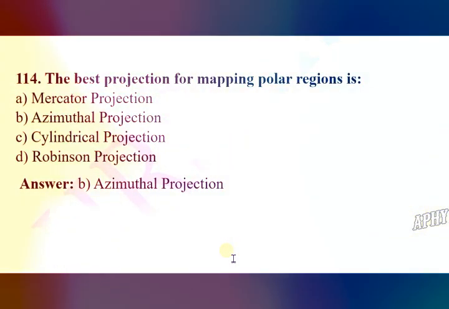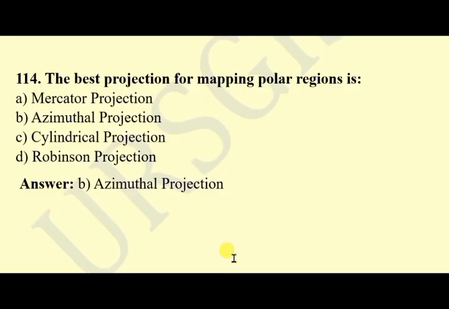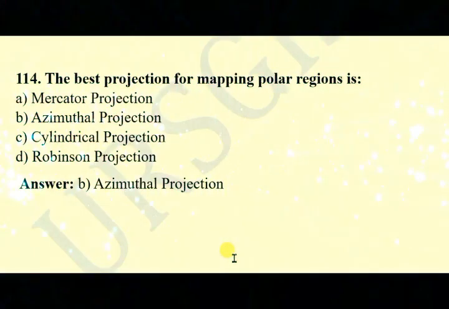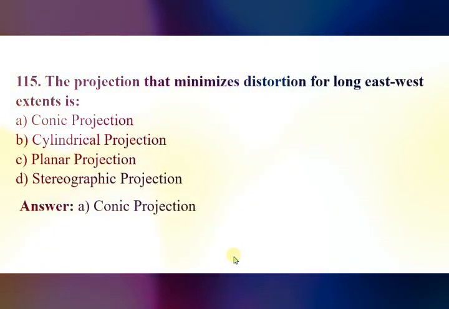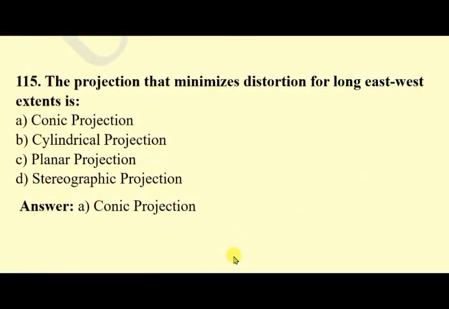Now the map projections question category. Question number 114. The best projection for mapping polar regions is Mercator projection, azimuthal projection, cylindrical projection, Robinson projection. Here the right answer will be azimuthal projection. Question 115. The projection that minimizes distortion for long east-west extents is conic projection, cylindrical projection, planar projection, stereographic projection.